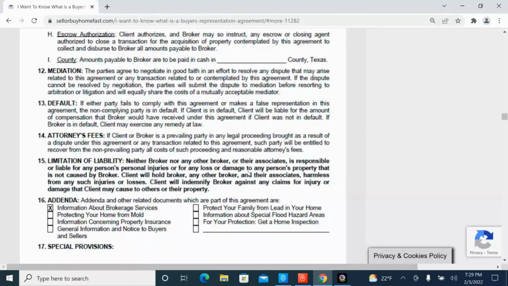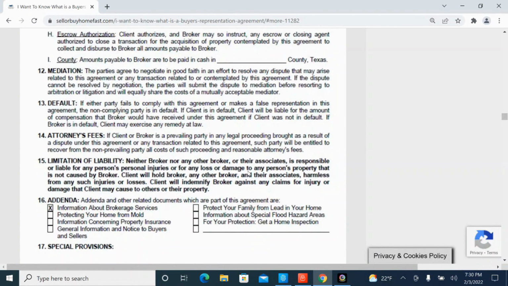So if for some reason you disagree with paying the 1%, and the agent is letting you know that they've shown you properties and you owe 1% to them, and this is what we were talking about earlier. You may owe 1%, and you may say, well, I'm not paying the 1% because you told me that the seller was going to pay.